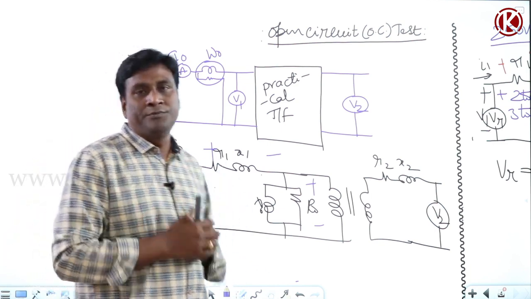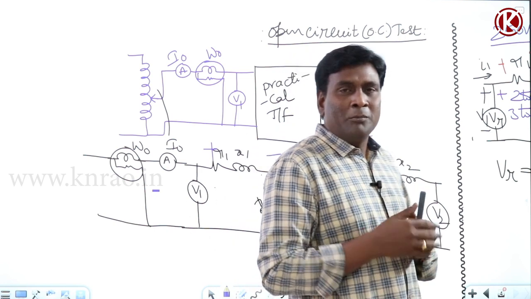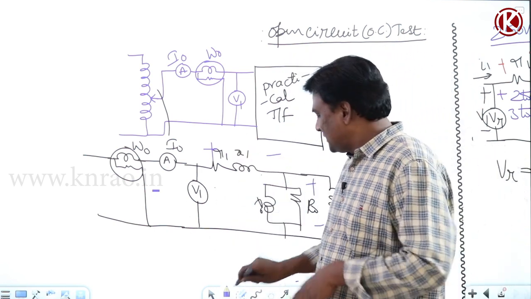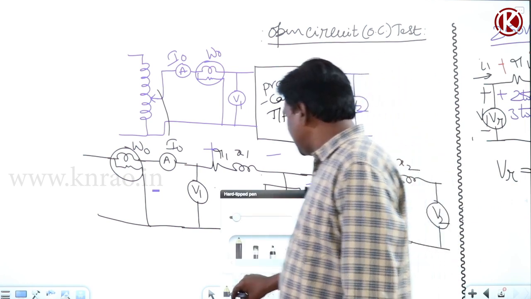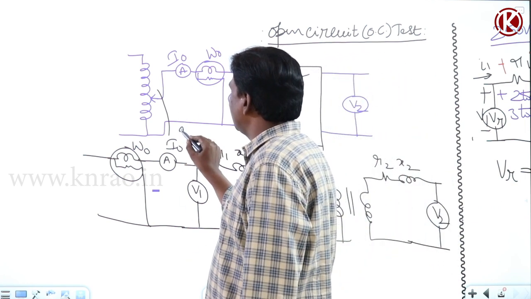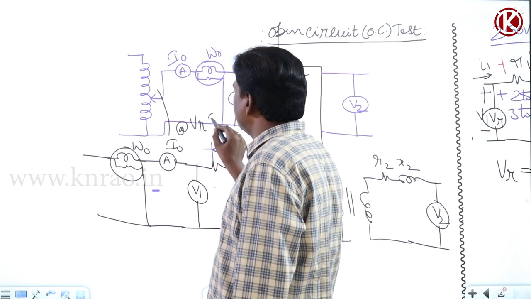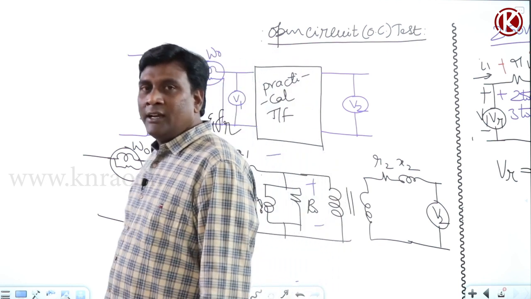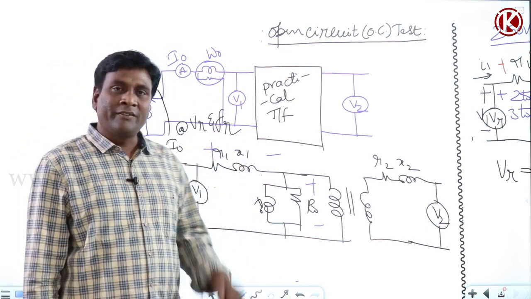Now we know how to calculate, but the interview question here is, I said that at any cost this particular test should be conducted at rated voltage and at rated frequency only.